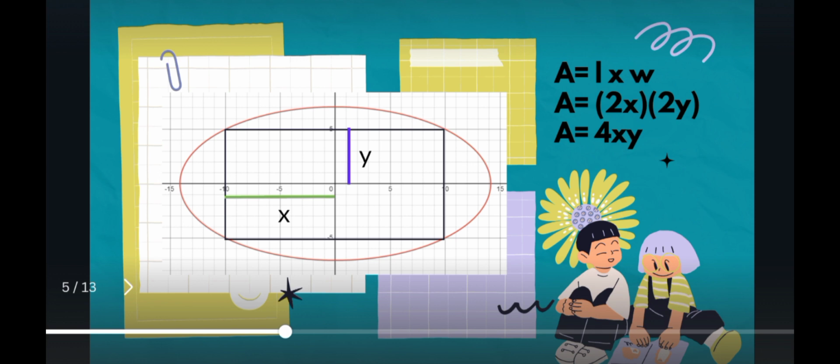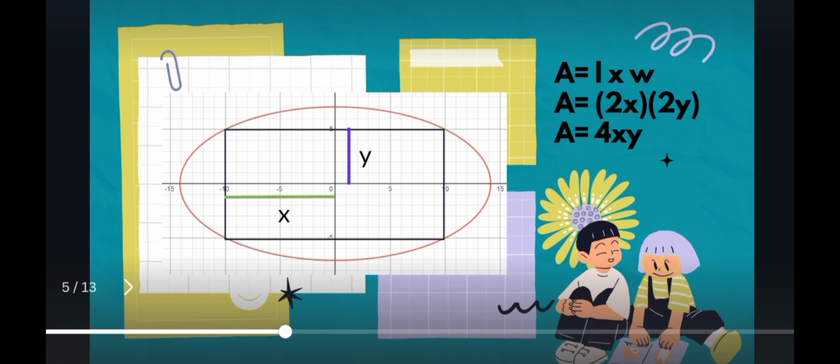If you can still remember, the formula for the area of the rectangle is area is equal to its length times its width. On the graph, you can see the y and x axis. We will use those variables as a substitute in the formula of a rectangle. So we will let the length be equal to 2x, because it consists of 2 times x.